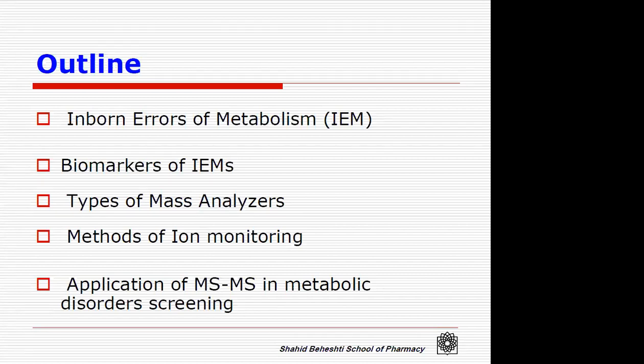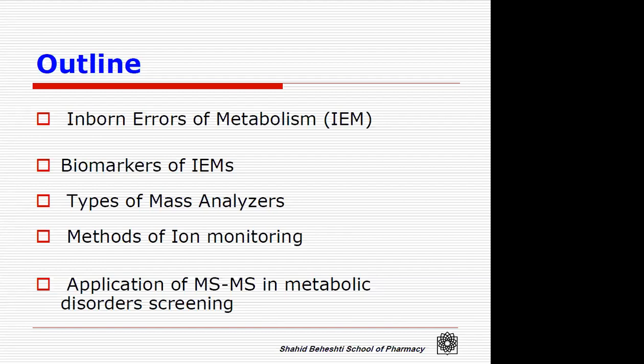So this is the outline of my talk. I'm going to talk a little bit about inborn errors of metabolism, which are called IEMs. These are metabolic disorders which are congenitally transferred to babies, and they have to be monitored. I'm going to talk about the importance of these diseases and the importance of their diagnosis on time.